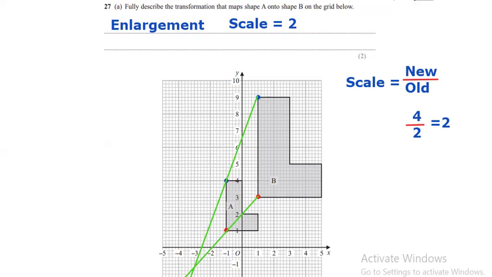If you need other points, you can find other corresponding points. For example, I'm going to use this point and the other point, which is this one, because these are base right. I can connect them with a third line that will help me know exactly the place of the center of enlargement, which is over here.